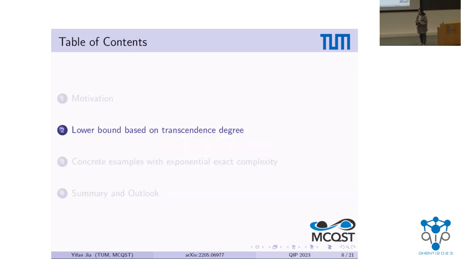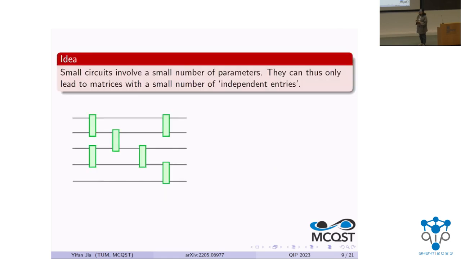So we're trying to construct such explicit examples. First let us think about constructing some lower bound. And the idea is quite easy, not complicated. Just think of you have a very small circuit, and it involves only a very small number of parameters.